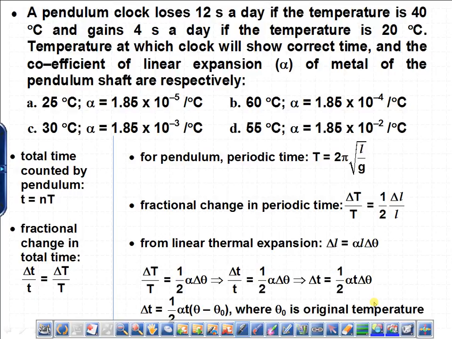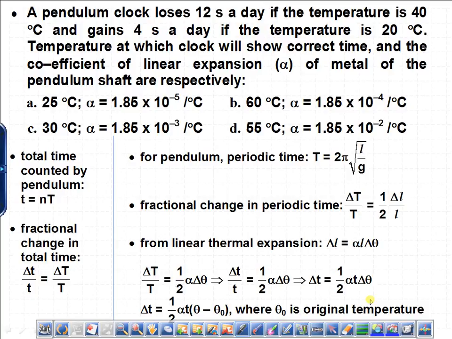And we also know that the linear expansion of the rod, the shaft of the pendulum, delta L is equal to alpha L delta theta, where alpha is the coefficient of linear expansion of the metal of which the shaft is made, L is the original length, and delta theta is the temperature change.